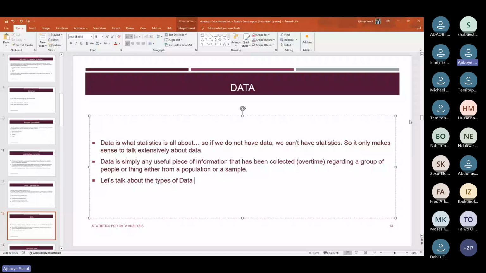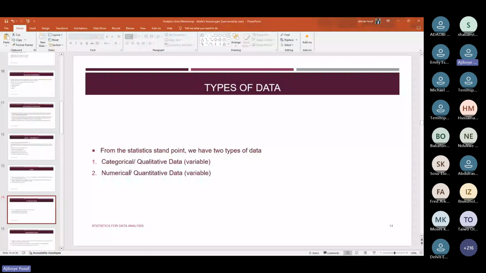So let's talk about the types of data. This is not controversial, but it has several aspects to it. In statistics, we have two types of data: qualitative and quantitative. Now, in SQL, your data can either be structured or unstructured.